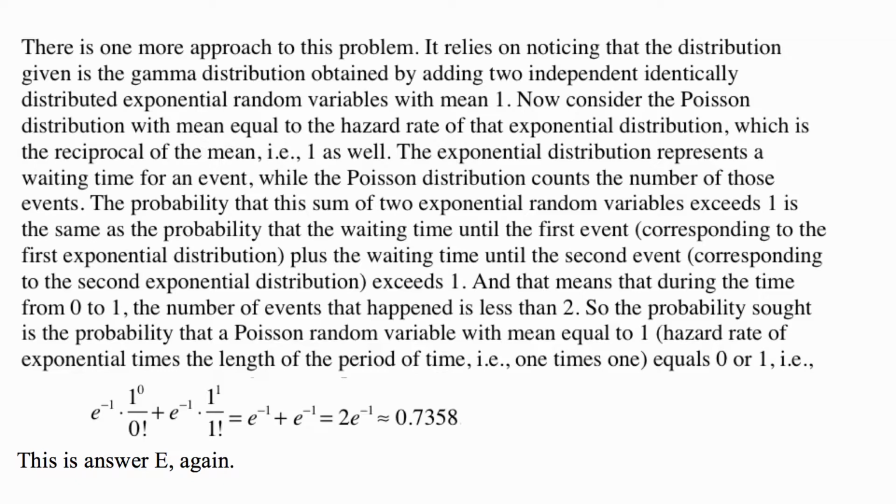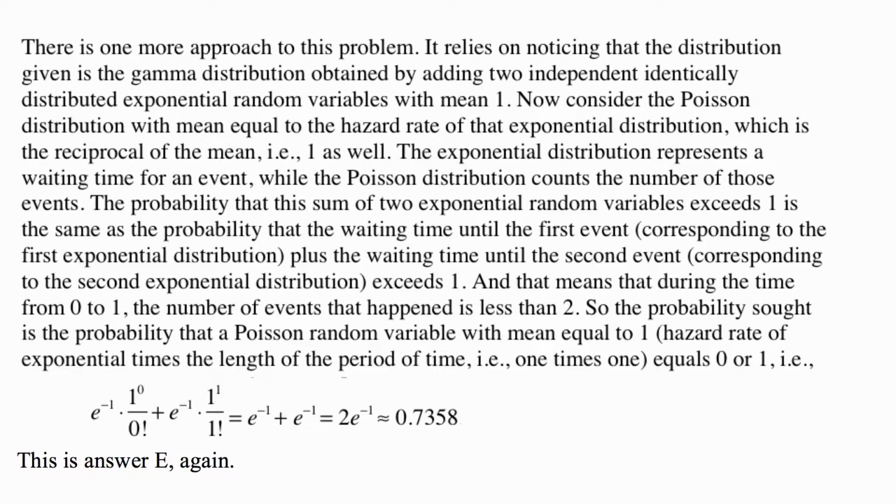The probability that the sum of two exponential random variables exceeds 1 is the same as the probability that the waiting time until the first event plus the waiting time until the second event exceeds 1.